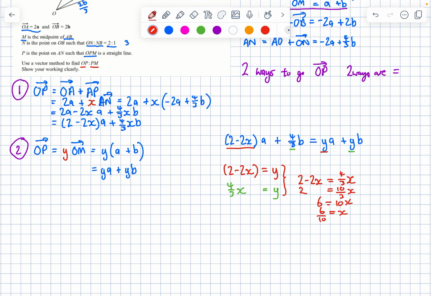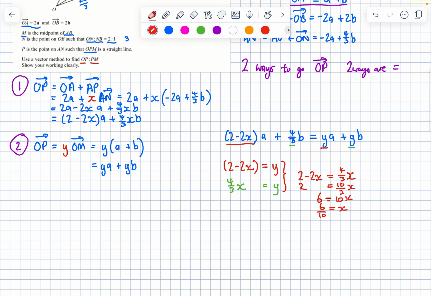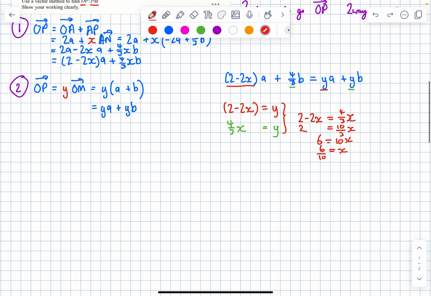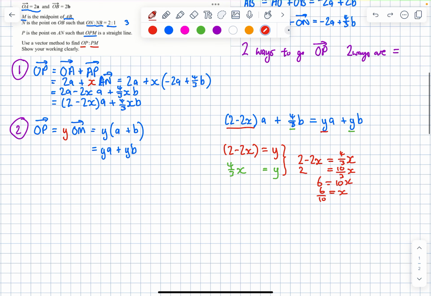Now, I know what x is, but actually I want to know what y is, because y was how far along the OM line it was. Remember, we're looking for how far along this line it is. So I'm going to substitute this back into one of my equations to find out what y is.